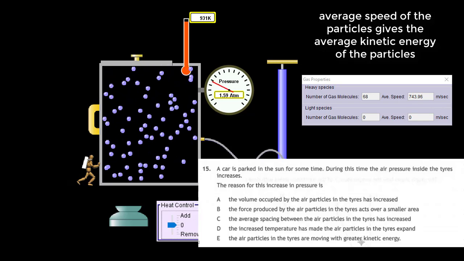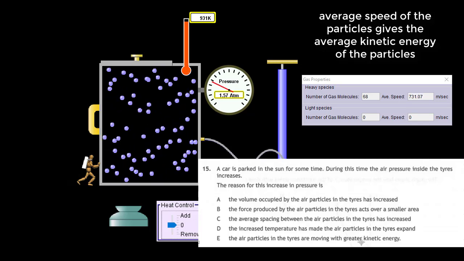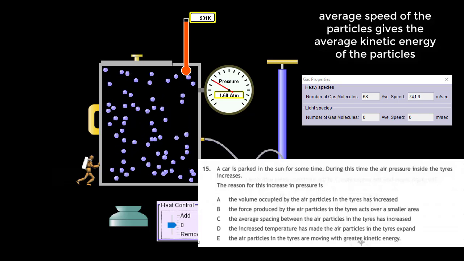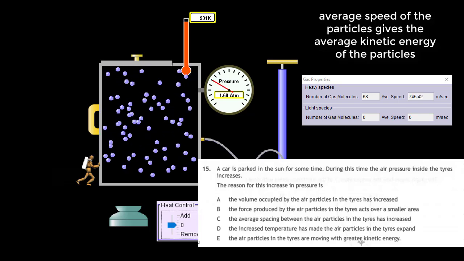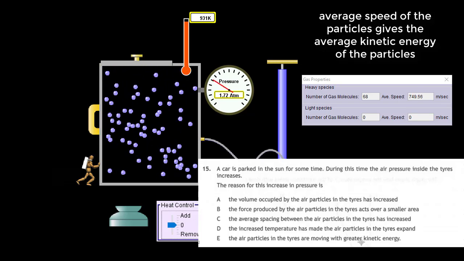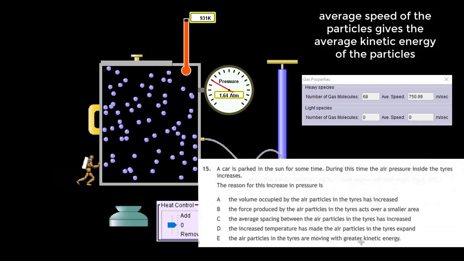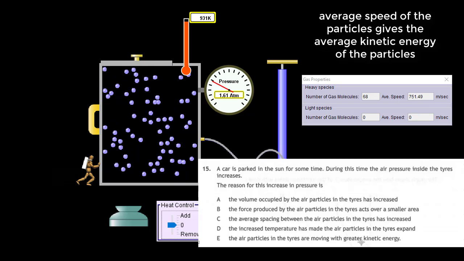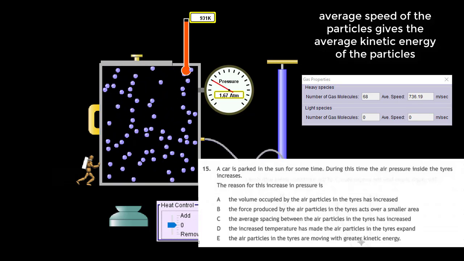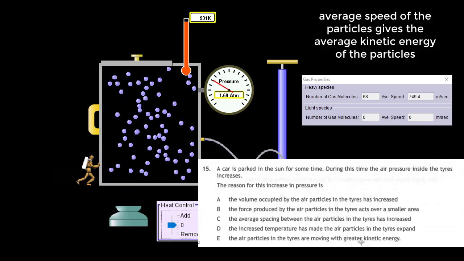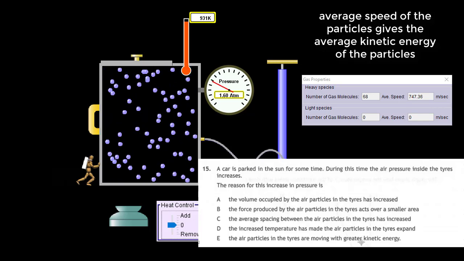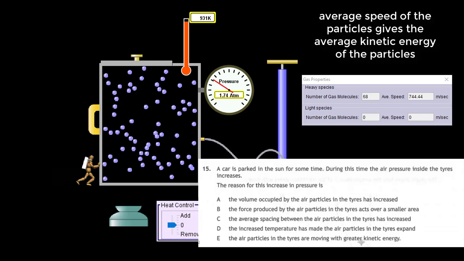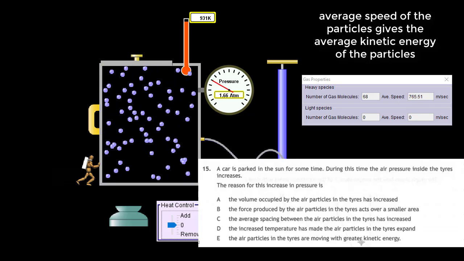Statement C: the average spacing between the air particles has increased. No, the average spacing has remained roughly the same, so that is incorrect. Statement D: increasing the temperature has made the air particles expand. That's not the case either, because the small spheres representing the molecules haven't expanded, so statement D is incorrect.